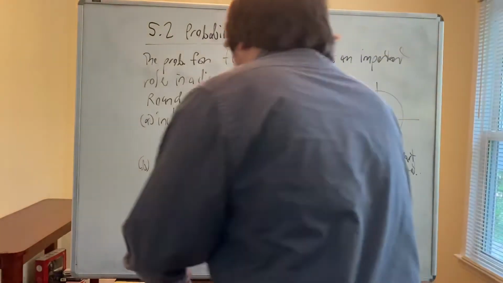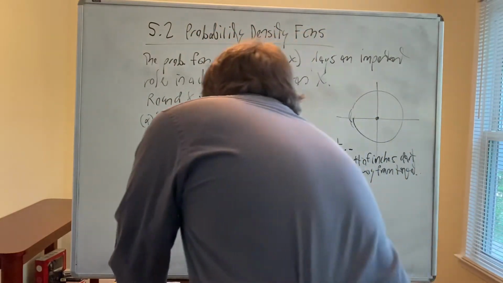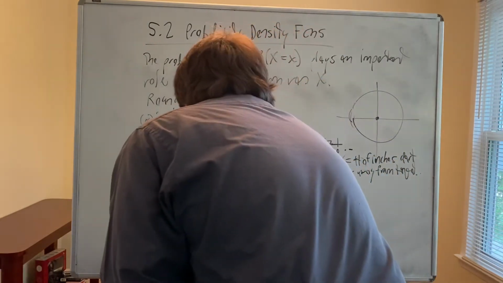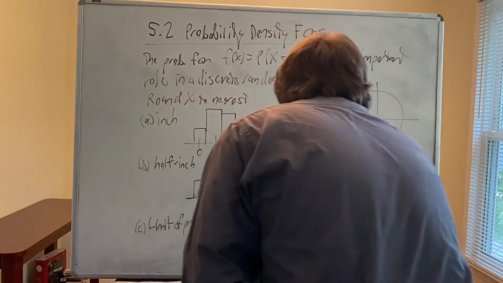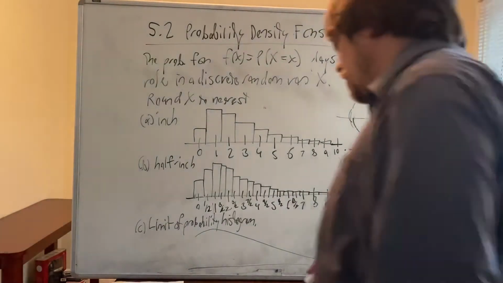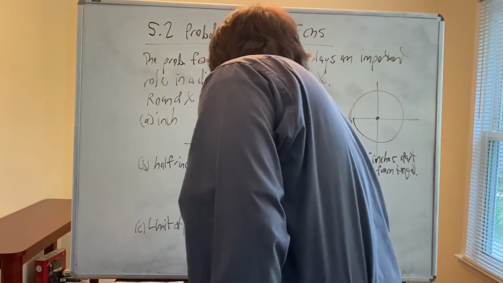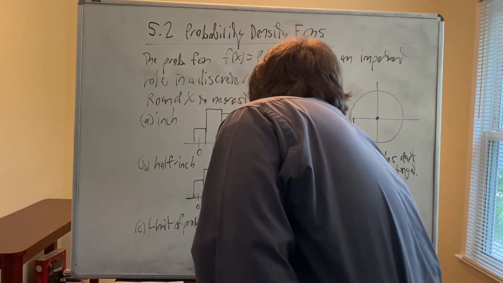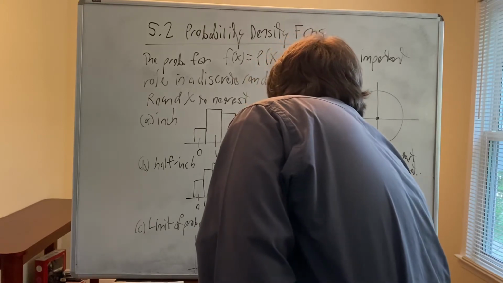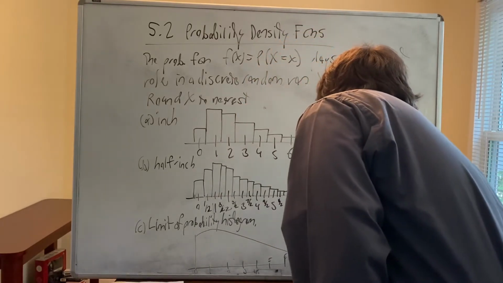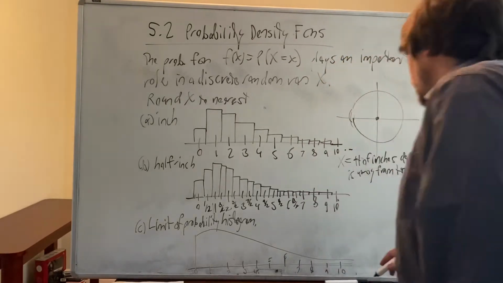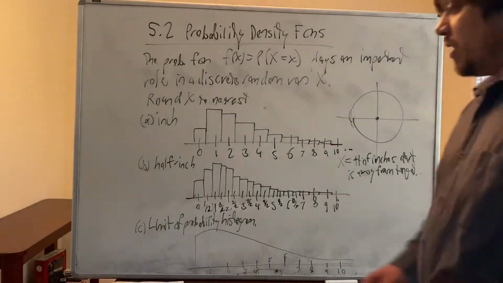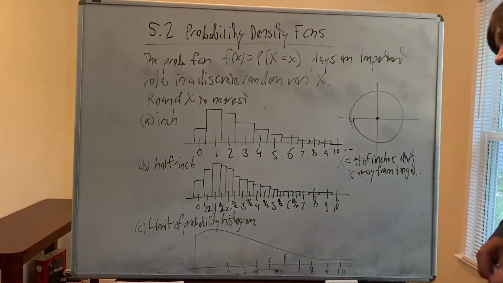Okay, so you take the limit of that, and you get this curve. This is the limit of the probability histogram, right? You take the limit of that and you get this.